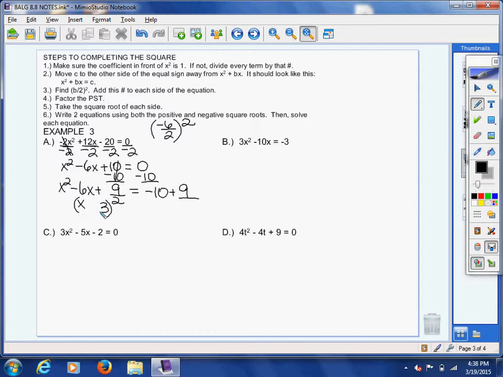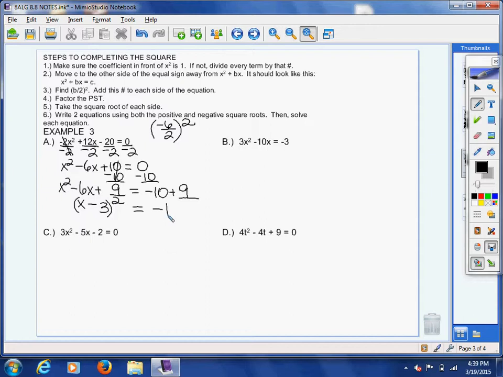And then to determine the middle sign, you look at your middle term. 6 is negative, so we're going to have a negative sign or a minus sign in between the x and the 3. Okay, so let's come over here to the right side, and we've got -10 plus 9, which is -1.